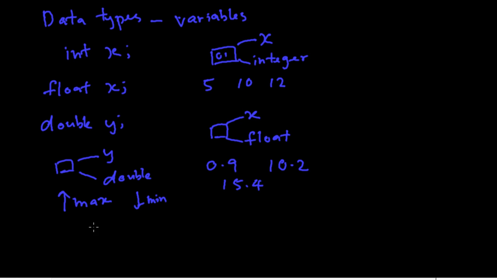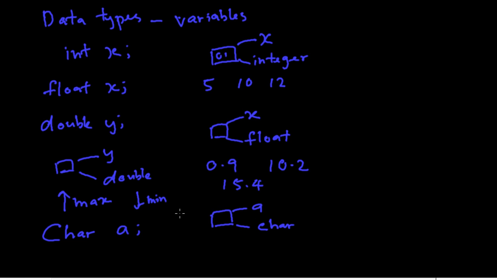Now the other fundamental data type is character. Char A means that I'm creating a box whose name is A, and I can store a character.